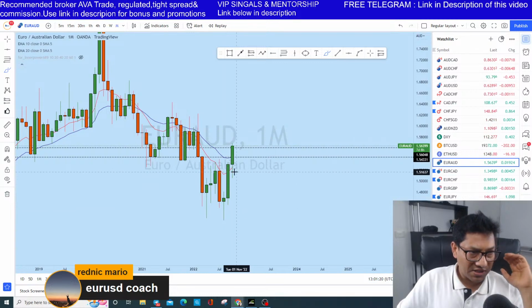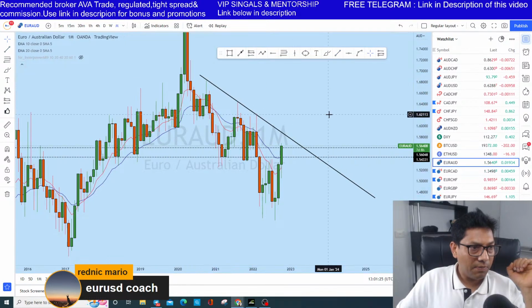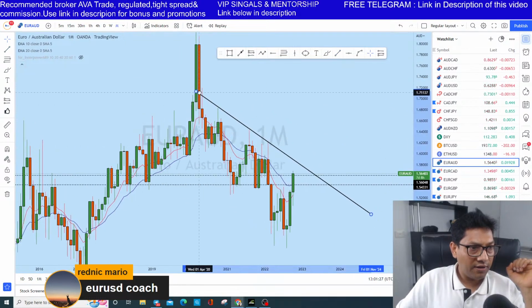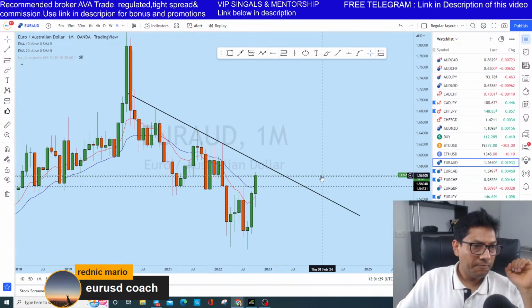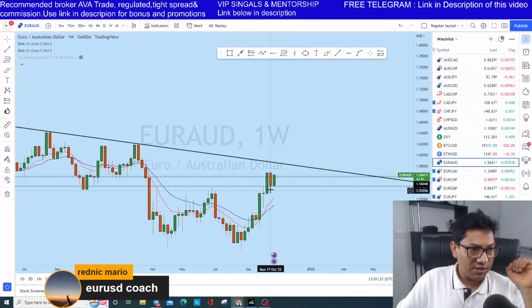This month the price has started to push up, and I think that euro AUD, you see this is the monthly resistance, will hit that monthly resistance. So there is still probability for going up. Weekly, this is the support zone, it started to push up, and I think that it will break this level.